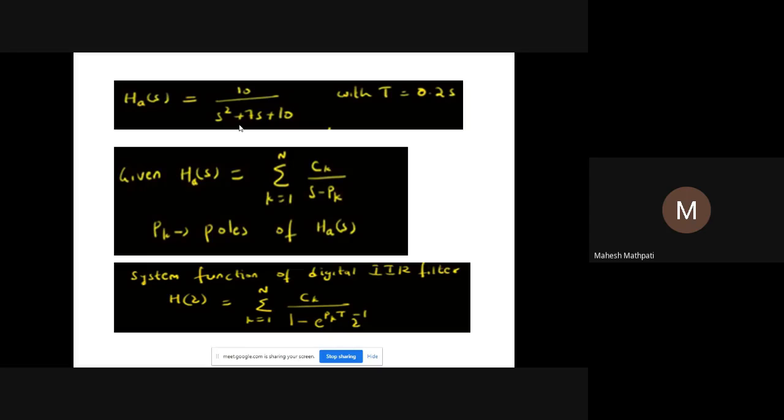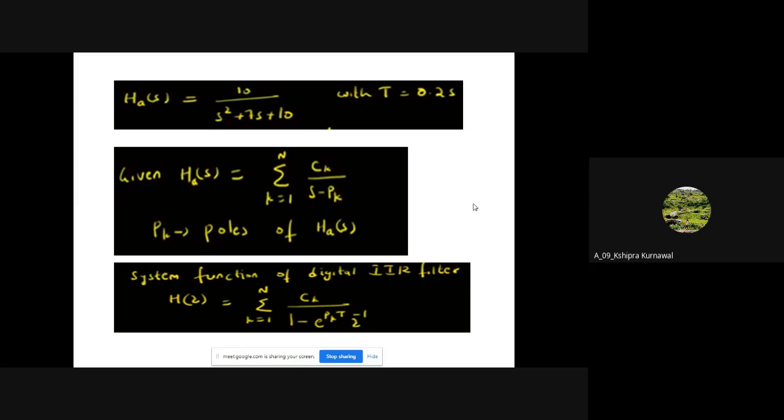Can anyone read the question? Please read the question. For the given analog system, HA of S is equal to 10 upon S square plus 7S plus 10 with T equal to 0.2 seconds.